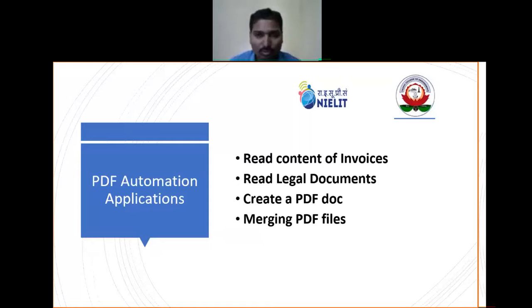I'm sorry, I didn't get you. You can as well type in the chat window if there are any questions. Assuming that there are no questions right now, I'm getting into the PDF automation part.